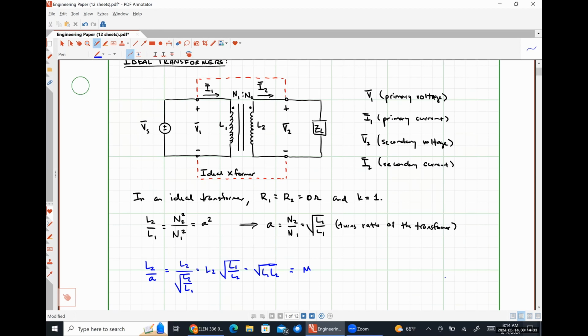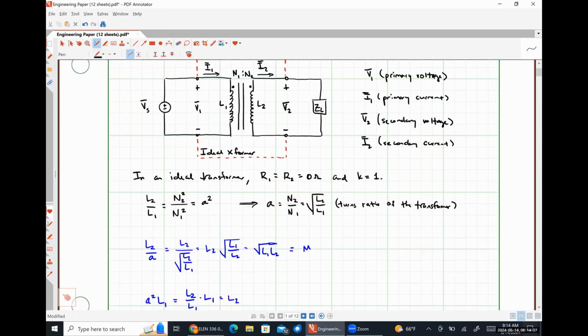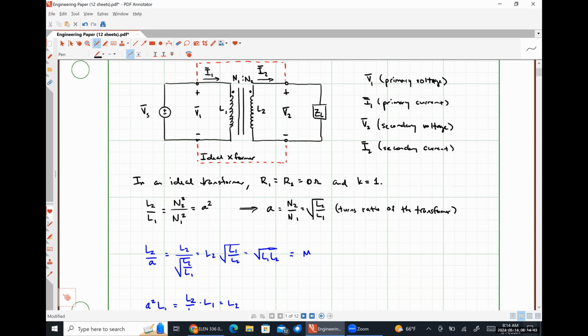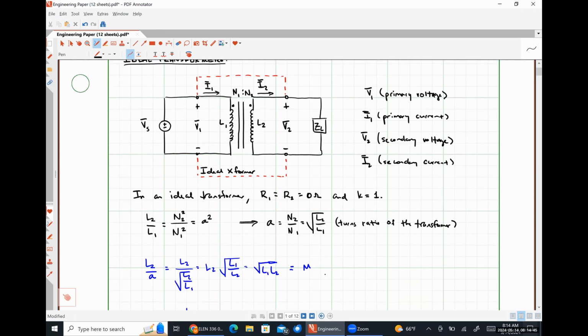Looking at this, let's say that V1, so let's start here. Our self term is just going to be j omega L1 times I1.